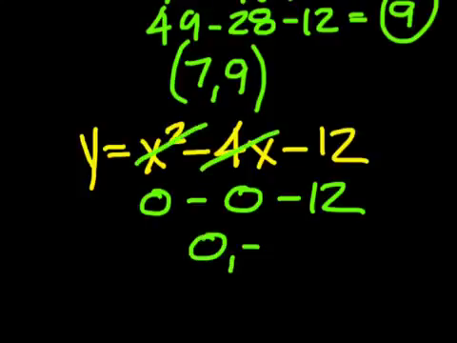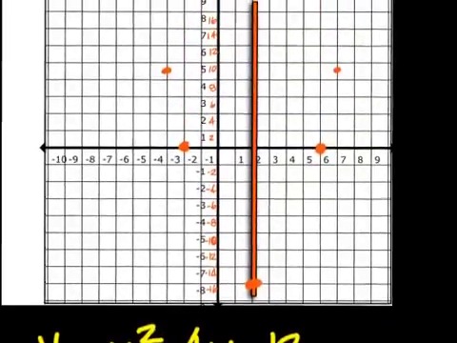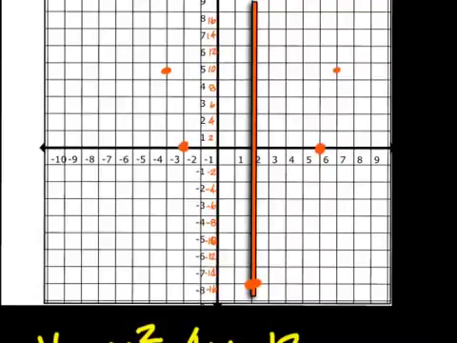I put in a 0 and came back with negative 12. So why don't we put that on the graph? 0, negative 12 would be right here. There's another dot for us. And do I have to work the other one out? Yeah, just put it on there because it'll be even with it.